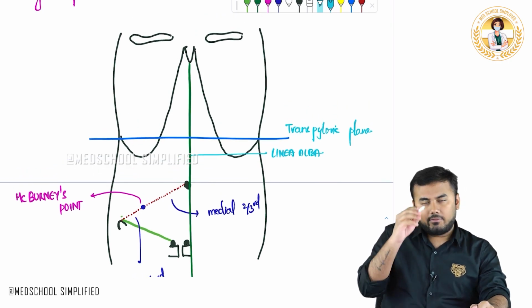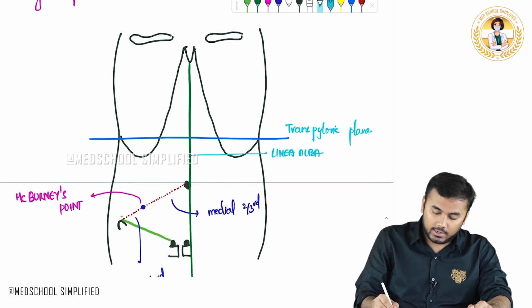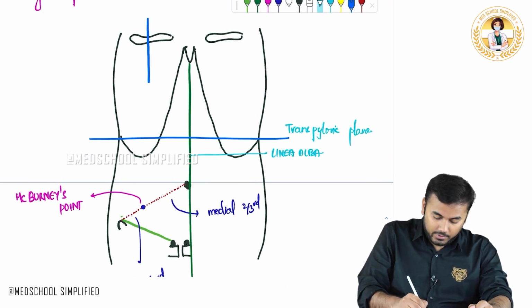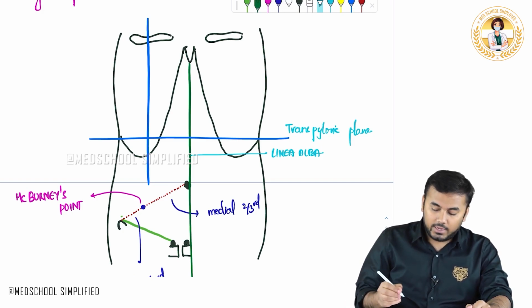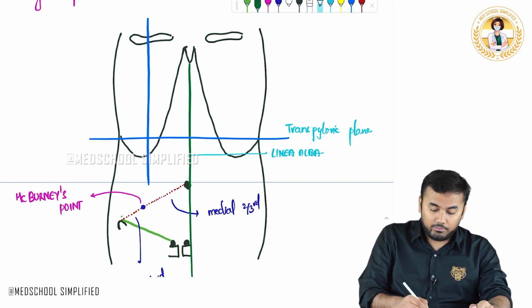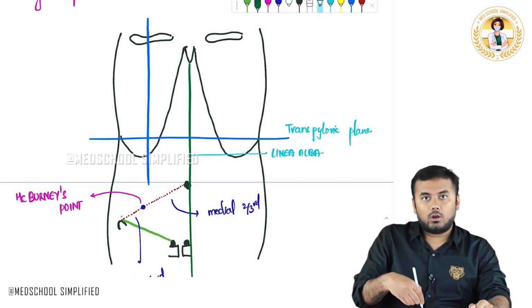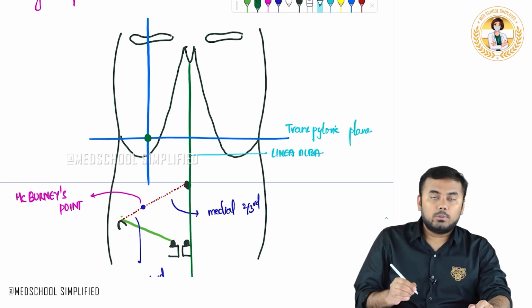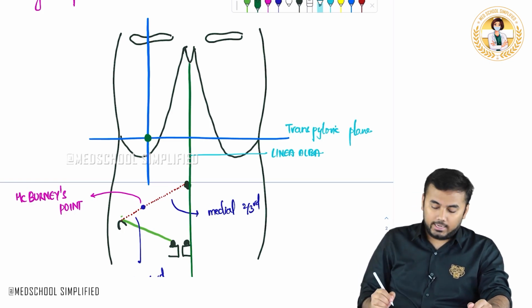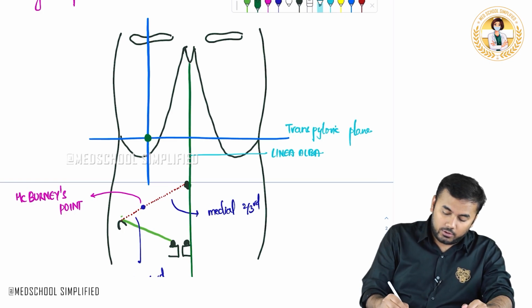Now once I have drawn the transpyloric plane, what I will do is, exactly from the mid part of the clavicle, draw a vertical line downward. So the point where the transpyloric plane meets the line drawn mid-clavicularly downward, exactly here, right? So this is the point for the 9th costal cartilage. Okay. So what is this point over here?